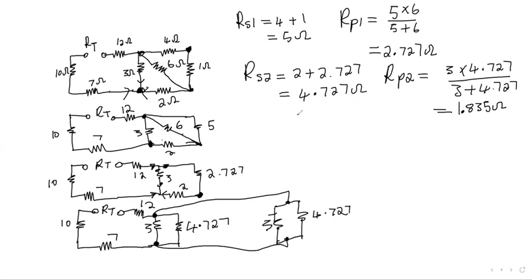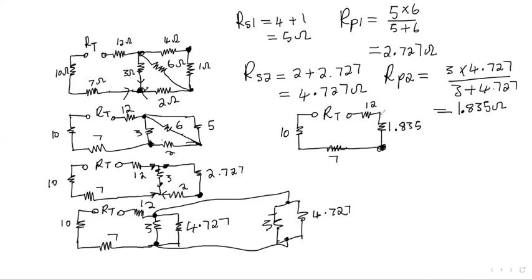So I will redraw the circuit again. I might not have space here, but I'll try to squeeze things. So now I'll replace that part of the circuit with one resistor, which is 1.835 ohm. Sorry, there's a 7 ohm there, 10 ohm there. Okay, now I'm left with 12 ohm, 10 ohm, 7 ohm, 1.835 ohm.